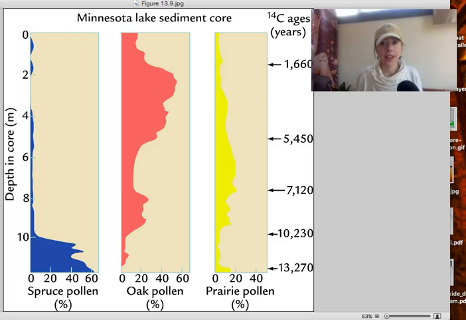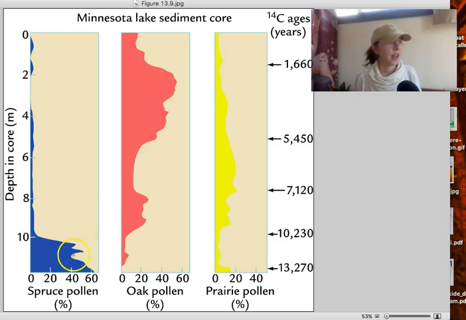And what we're looking at then in these cores is the percentage of each type of pollen compared to other types of pollen. So for instance, spruce is a cold tolerant species right here.